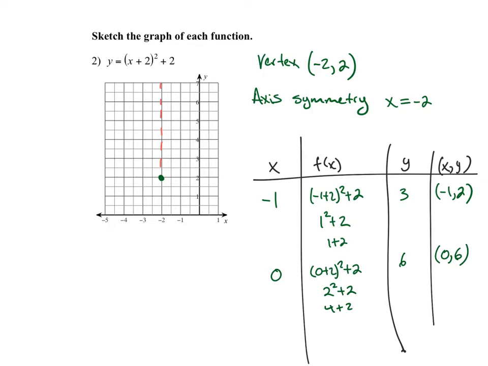Sorry, (-1, 3). This should be a 3 right here. (-1, 3) is this point right there. And the point (0, 6) is this point right here.